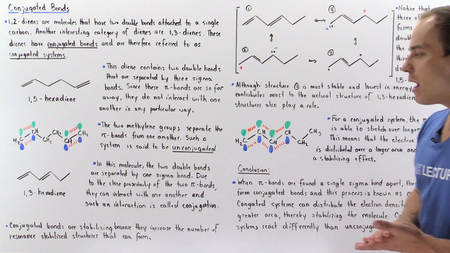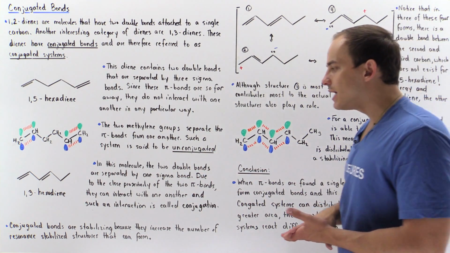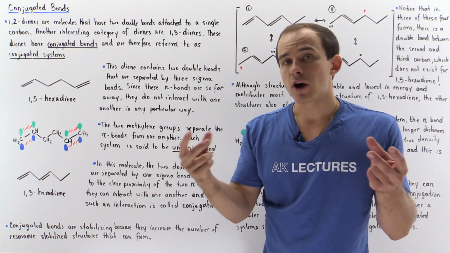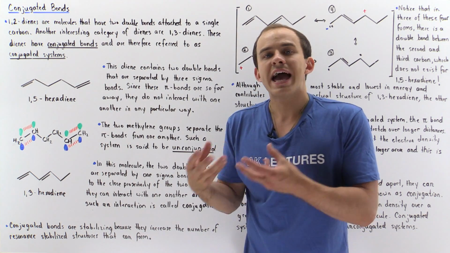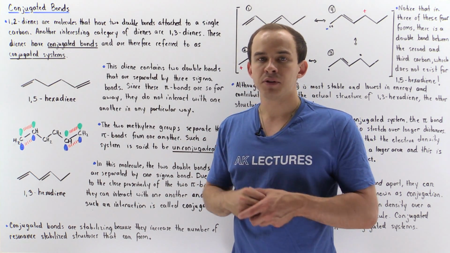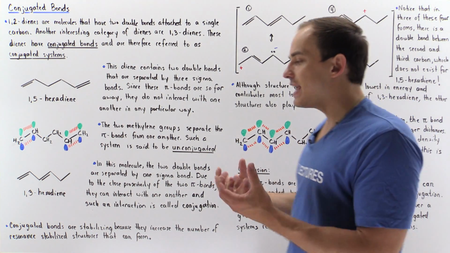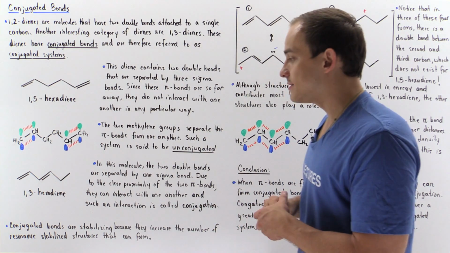So in this molecule, the two double bonds are separated by one sigma bond, and due to the fact that these two pi bonds are found in close proximity to one another, we have conjugation taking place, and conjugation will form a conjugated system. So this is said to be a conjugated system.